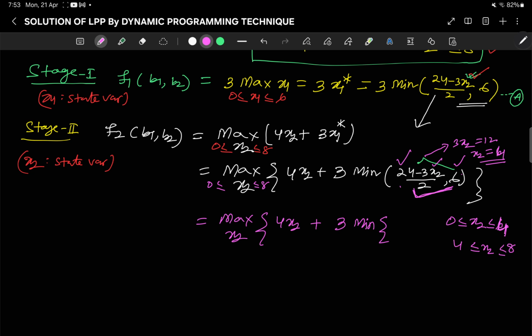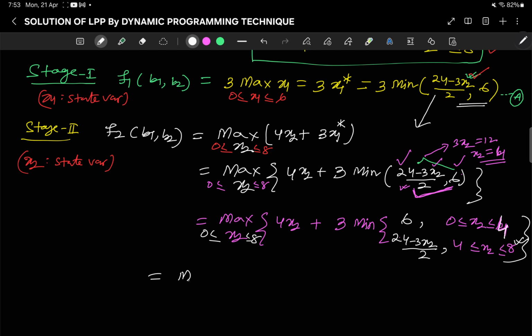So we write (24 minus 3x2)/2 there, because it is giving the minimum value at 8, but at 6 and at 4 both will give the same value. So it is 6 here, and the range is 0 ≤ x2 ≤ 8.